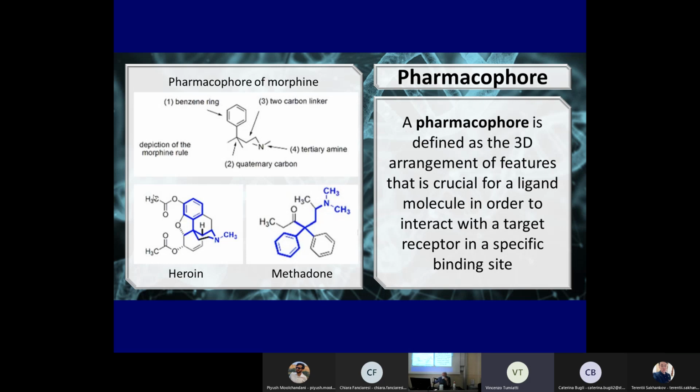Here you can see the chemical structure of heroin. Heroin is a derivative of morphine, we'll see. But now it is important that you see the complexity of this chemical structure. And so you know heroin derives from morphine, morphine derives from opium, opium derives from Papaver somniferum, you know.